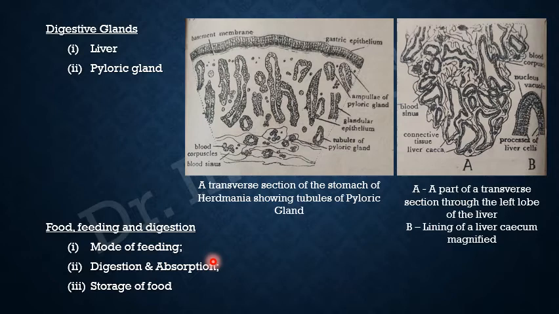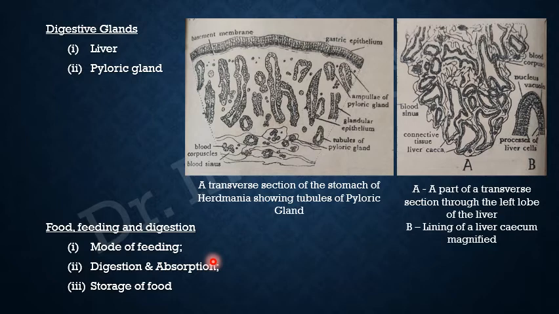After absorption, the food is either used up by the body, and if there is more quantity than needed by the body, then it is stored. So now we come to the storage of food. Excess food absorbed in the intestine is stored in the form of starch granules having concentric striations.